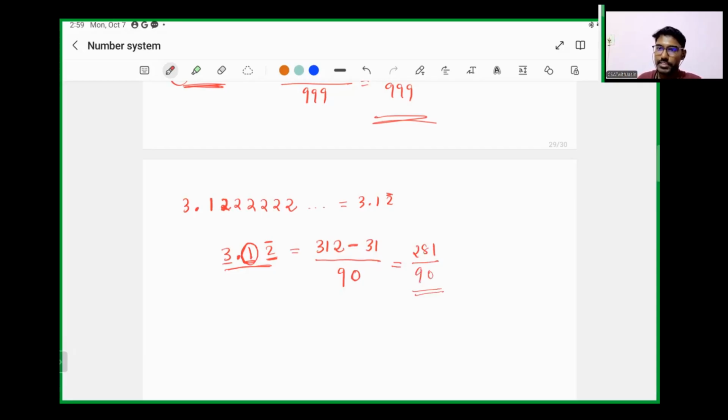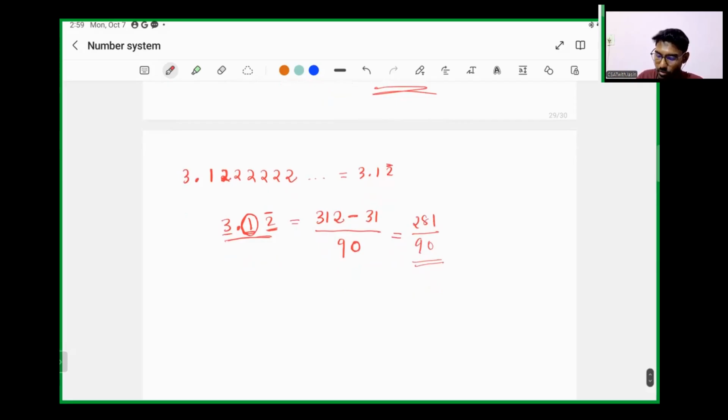So there is a small difference. Why does the divide by 10 come? If you are not understanding, it's okay, just see the trick. If it were 31.2 bar, we would do 312 minus 31, which is not repeating, divided by 9.